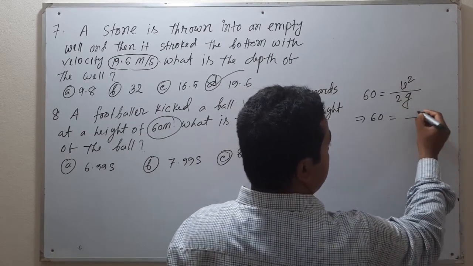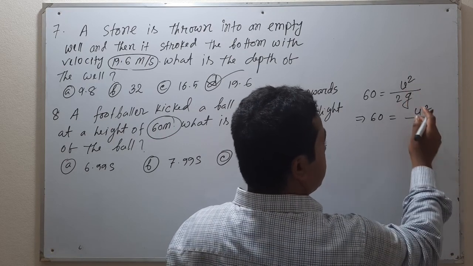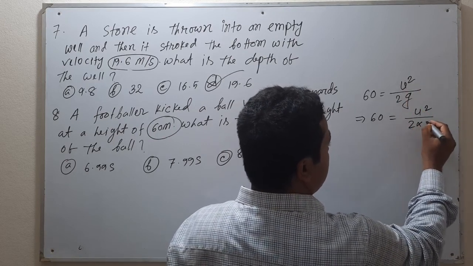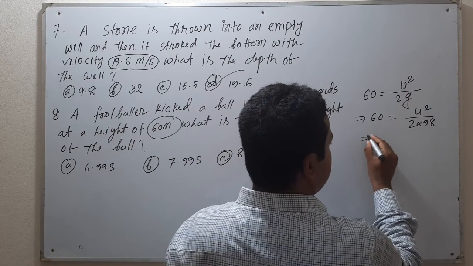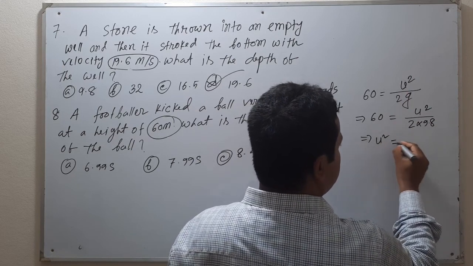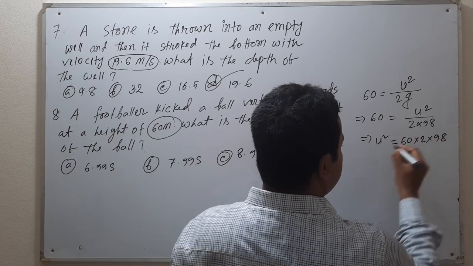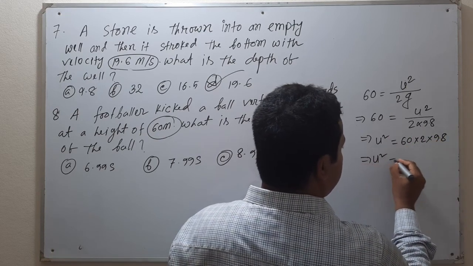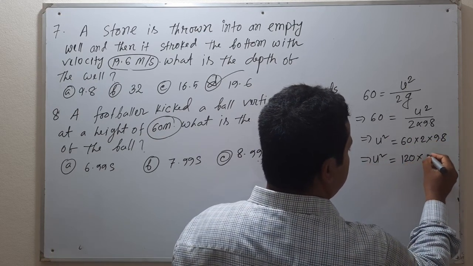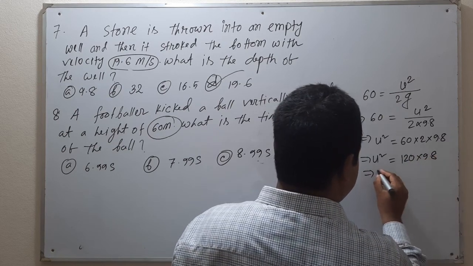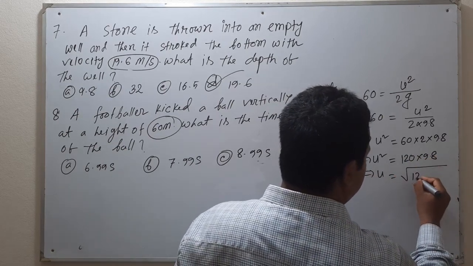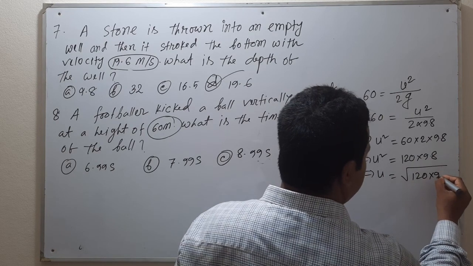So u square is equal to 60 into 2 into 9.8, so u square is equal to 120 into 9.8, so u is equal to root over 120 into 9.8.